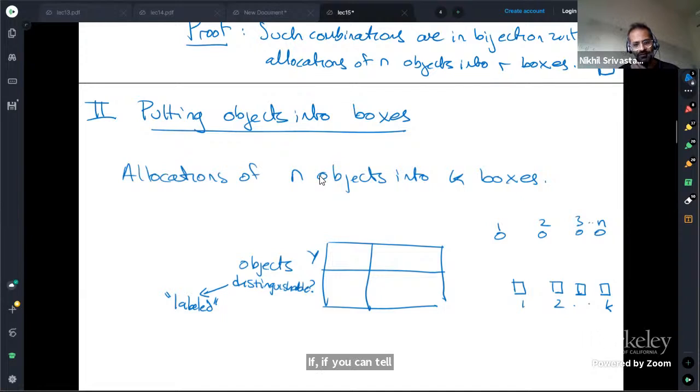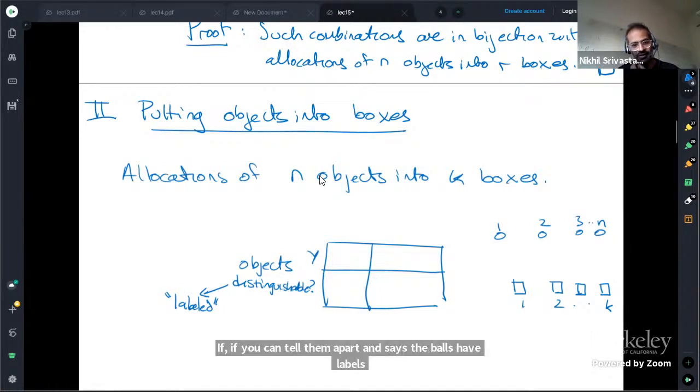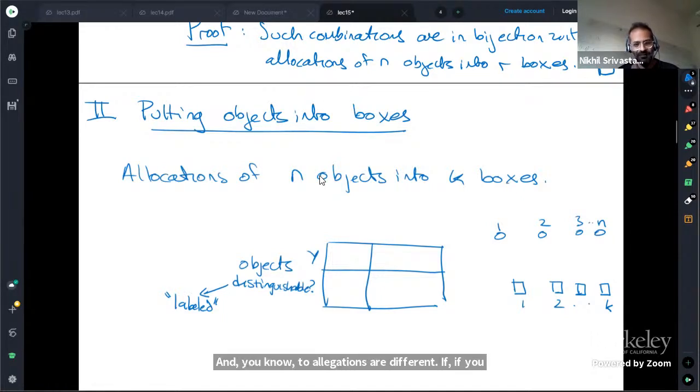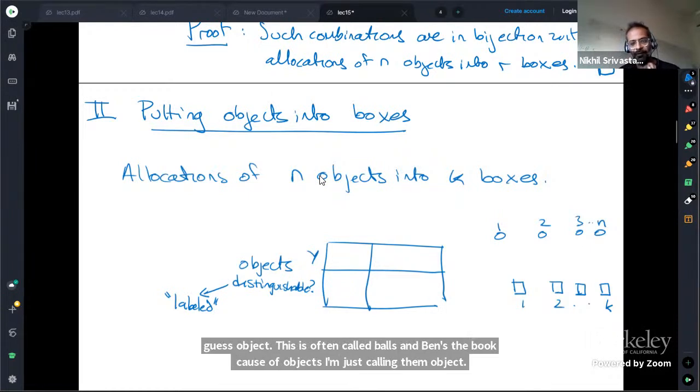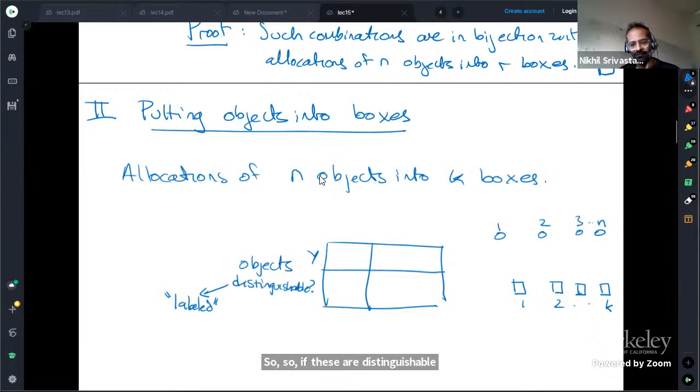And since the objects have labels, two allocations are the same if and only if you have exactly the same objects in exactly the same boxes. This is often called balls and bins. The book calls them objects, and I'm just calling them objects. So if these are distinguishable, how many ways are there to put these n objects into these k boxes?